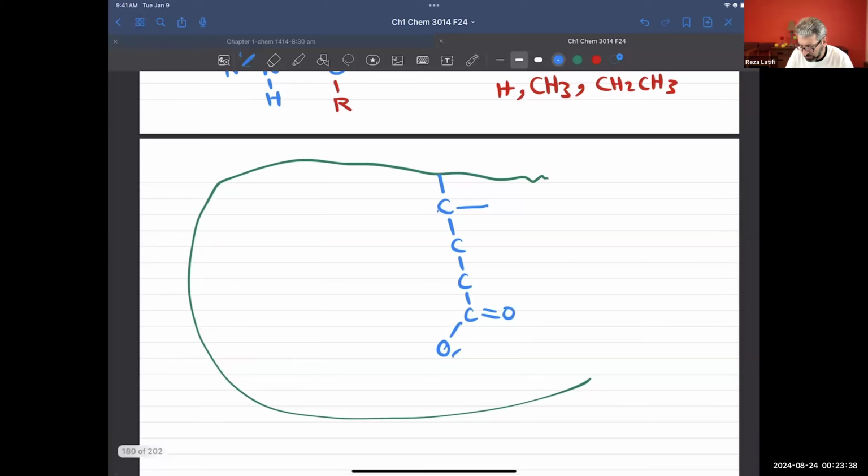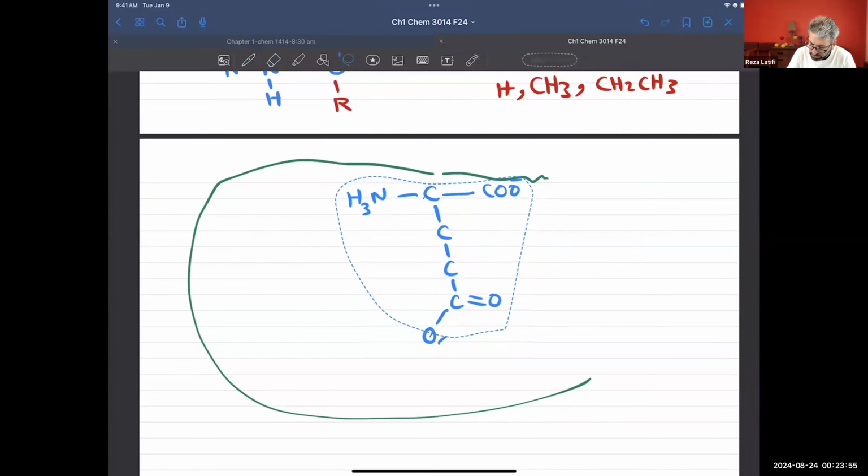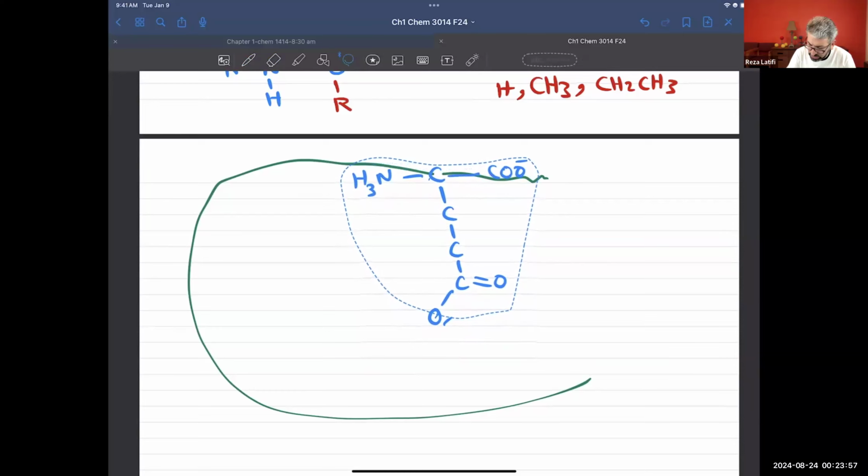Let's say here you have COO minus, and here you have NH3. Let me touch this one there. So say this one here is attached there.